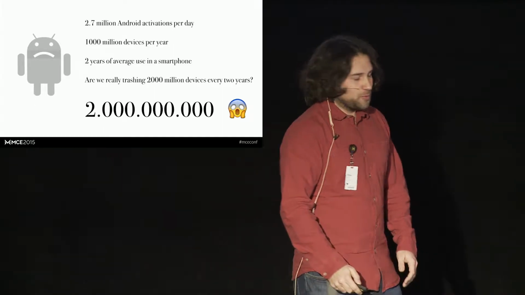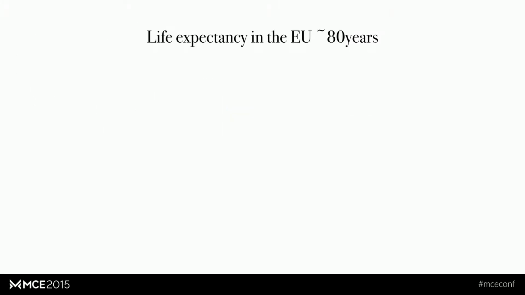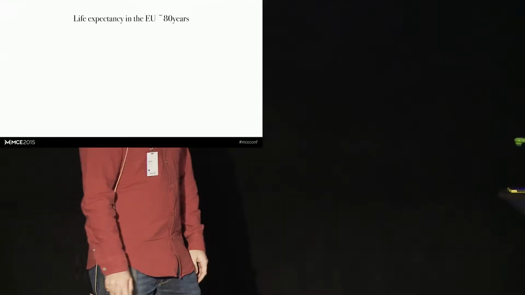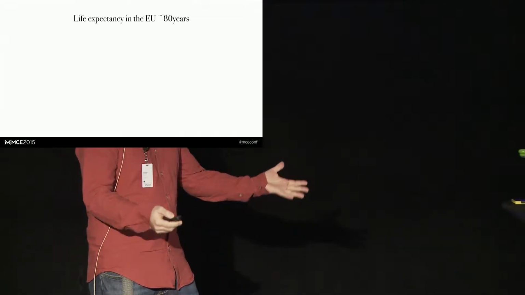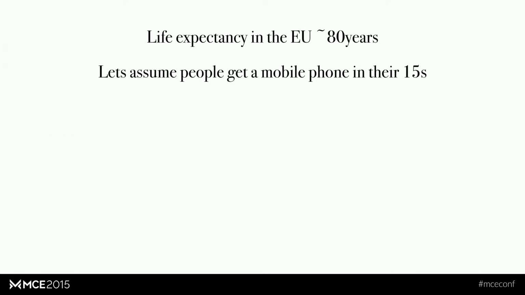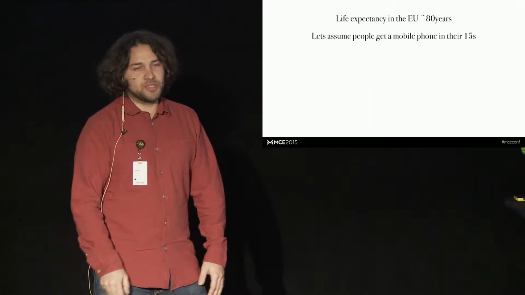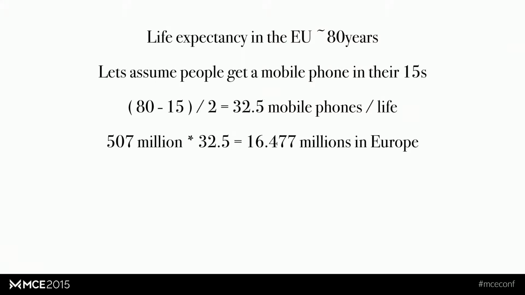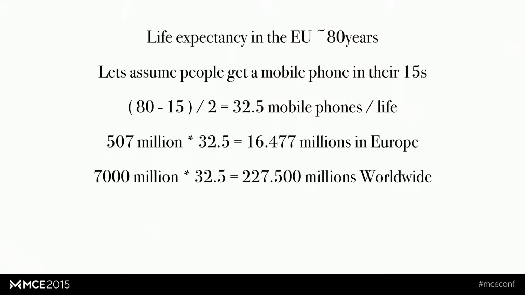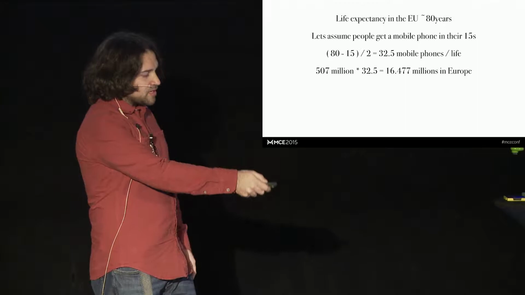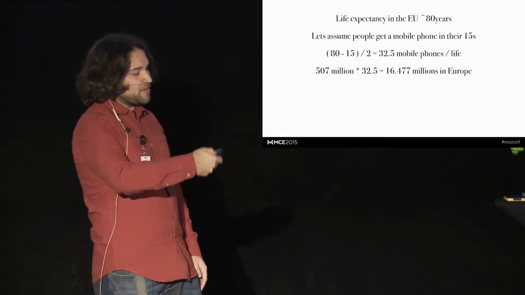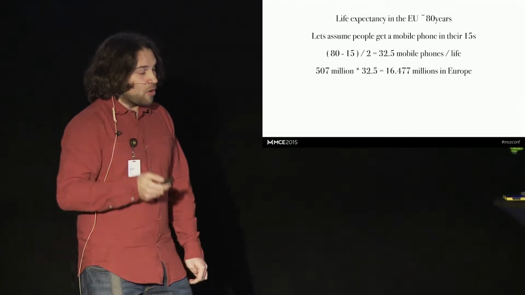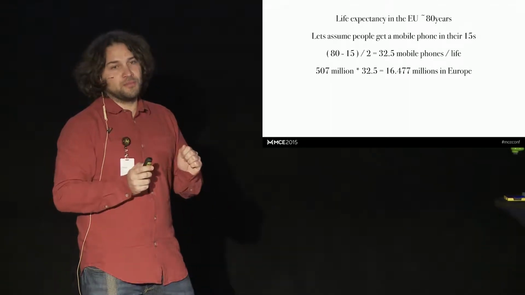So just to give you some little more math, imagine that in the EU we live for around 80 years, and then we get a phone in our 50s, which is not true because people get them now even before. And then if you do some maths, we are throwing away this number, 16,477 million phones, only in Europe during our lifetime.